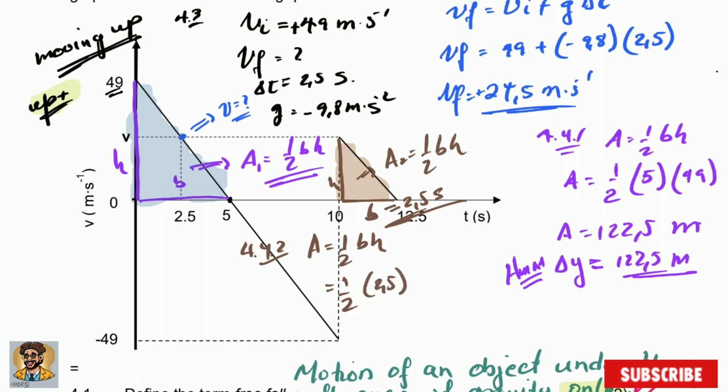Then the height was calculated earlier as 24.5, that velocity there. So multiplied by 24.5, that gives the displacement, which in this case is equal to 30.63 meters, and we are done.